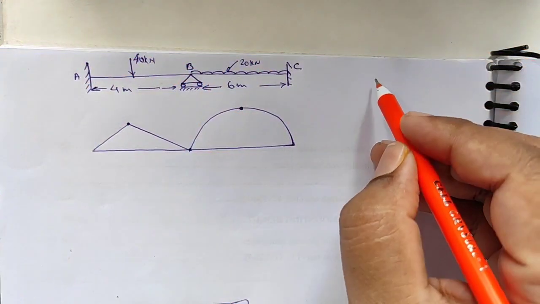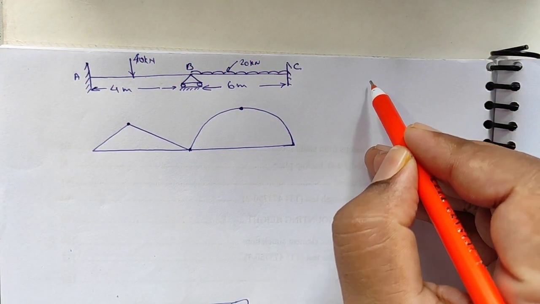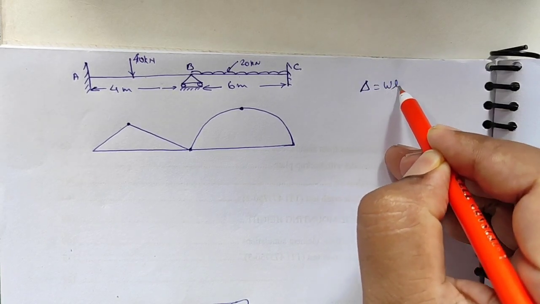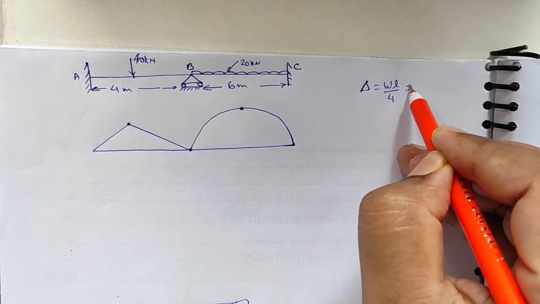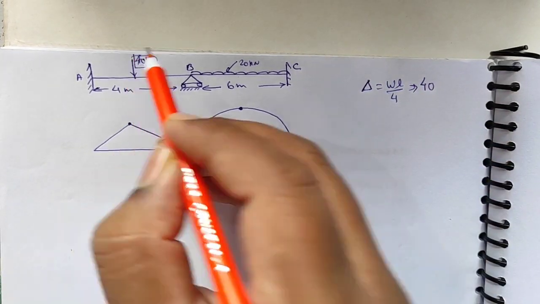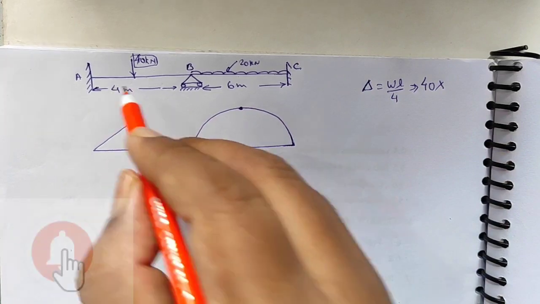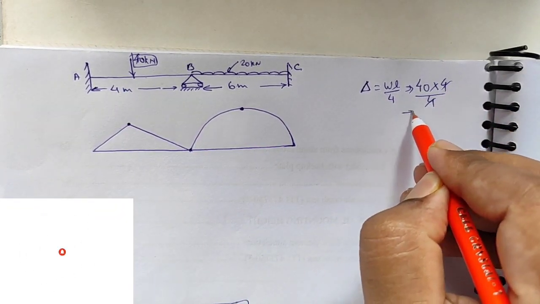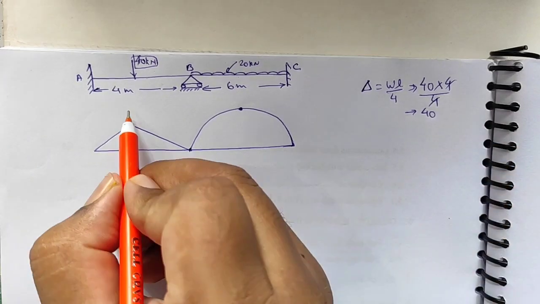In order to find out the maximum ordinate of the triangle, my formula is WL by 4. Now here my W value is 40, as I can see in the question, and the value of L is 4 upon 4. Now 4 will cancel and the value will be 40.